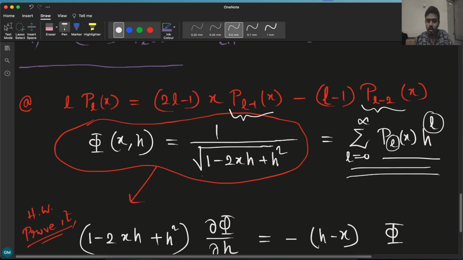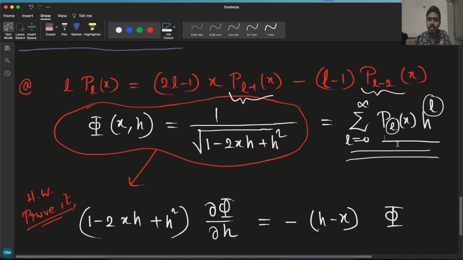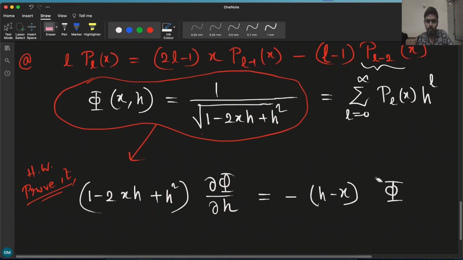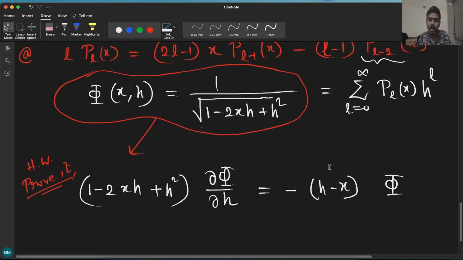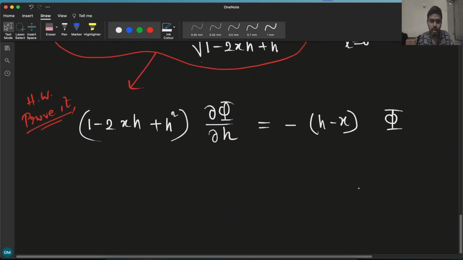After that, if we compare the same powers of h, then P_(l minus 1) and P_l will come together in the coefficient of the same h to the power l. That's the idea of this differentiation. If you have not understood it, let me solve it, and you will gradually understand what I'm trying to say.